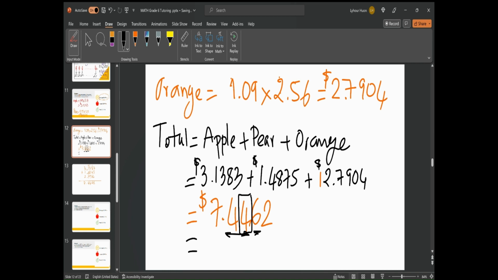When it is 5 or greater than 5, we always round it up. It's called rounding up. So it will be 7.45. 45 what?